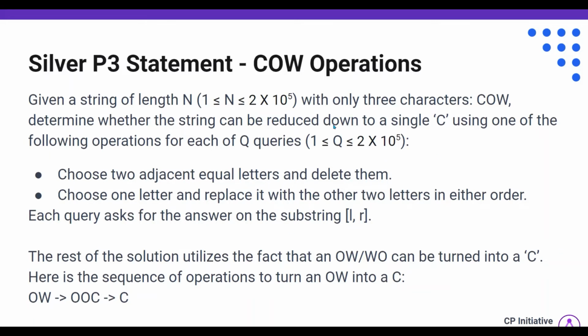And the rest of the solution utilizes the fact that OW or WO can be turned into a C. And here's the sequence of operations. OW can be turned into OOC because this W can be changed into O and C as shown by this operation.